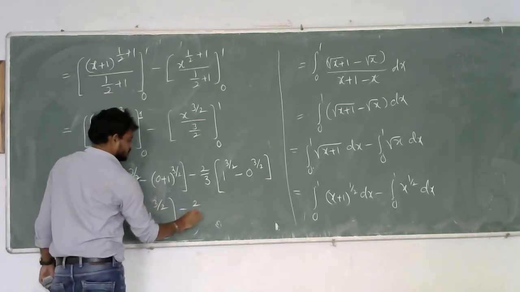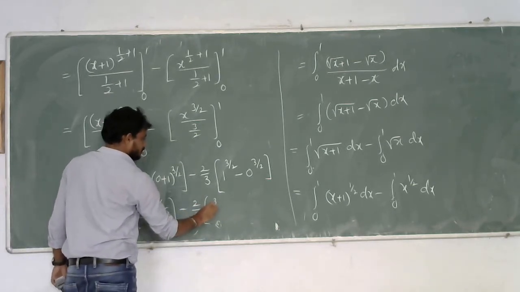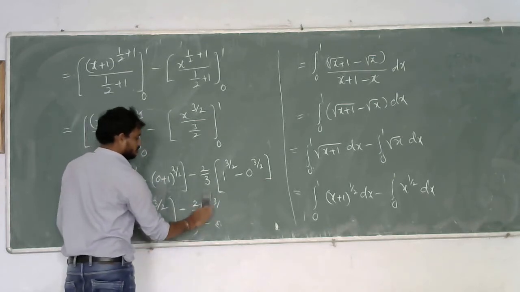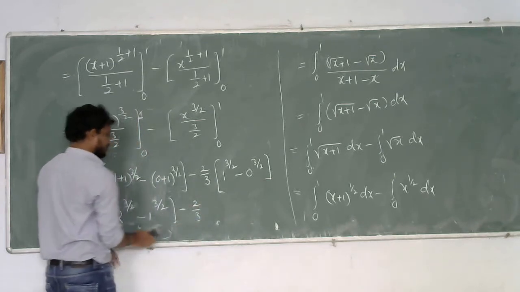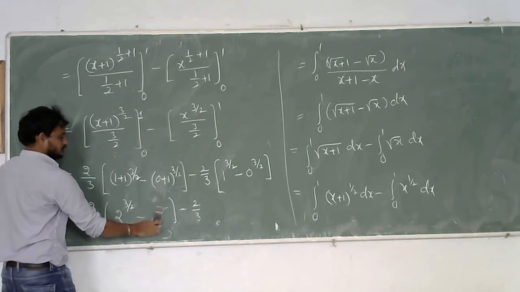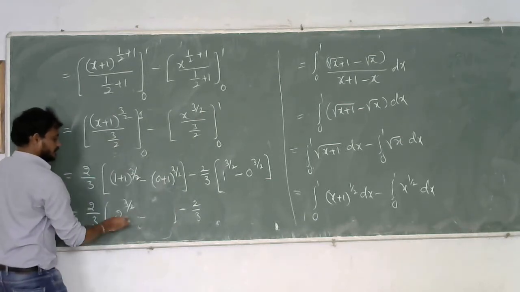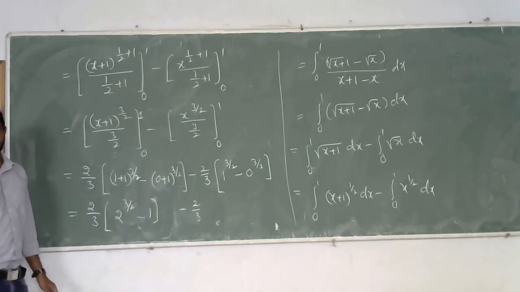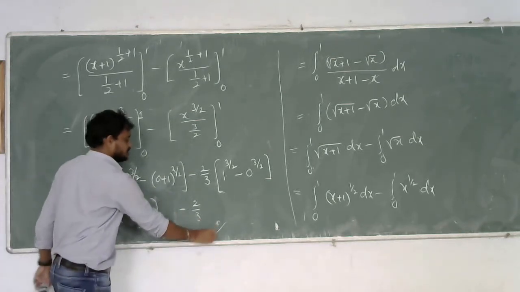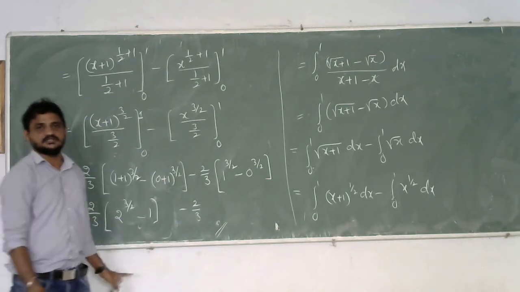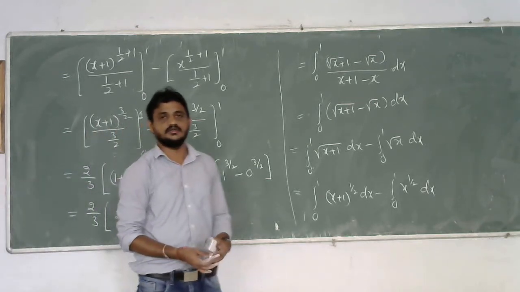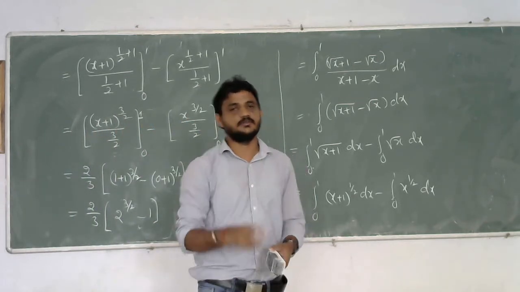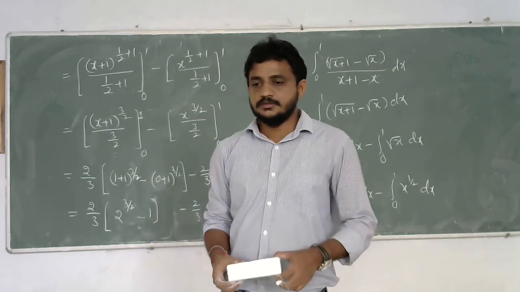Then minus 2 by 3 into 1 to the power of 3 by 2, which is nothing but 1. So we get 2 to the power of 3 by 2 minus 1 minus 2 by 3. Then simplify it, and that will be the solution for the given problem.